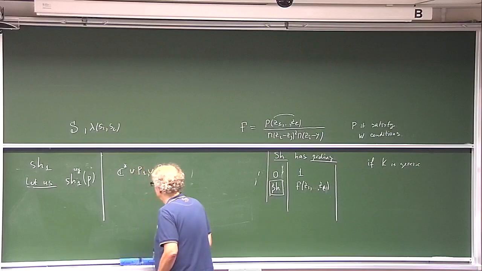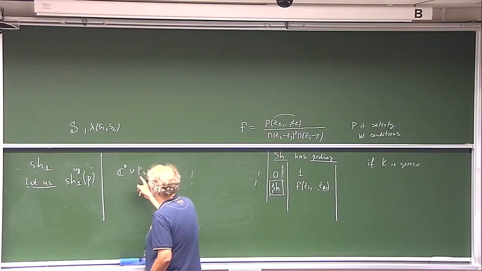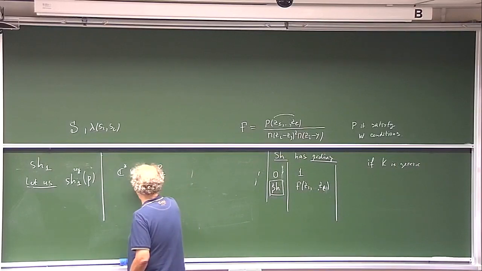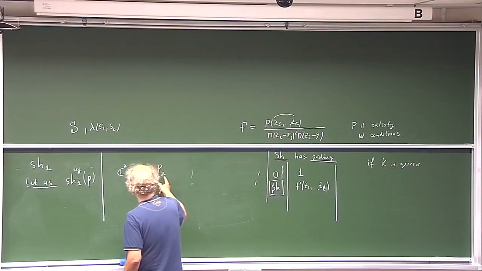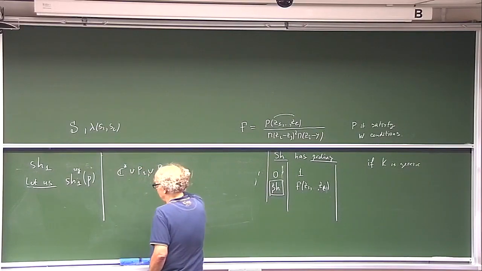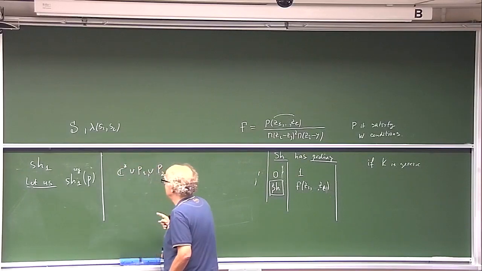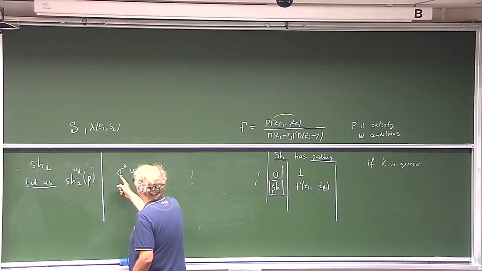Yes, and now on this bigger space, if I want to determine the shuffle algebra, I need here a function lambda, and as before, what I actually need is the function in V1, V2.